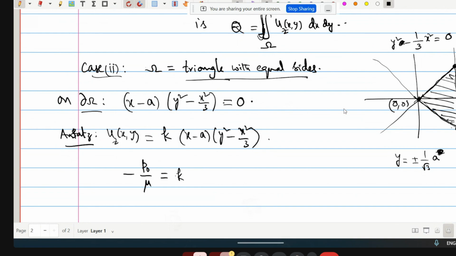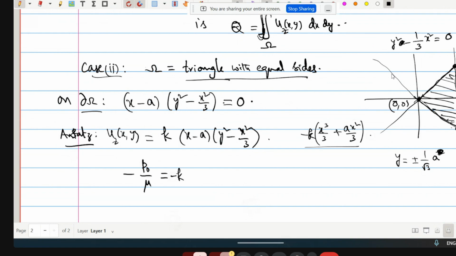So I'll have minus k into x cube by 3, and then plus a x square by 3. So this is what you have, into minus k.